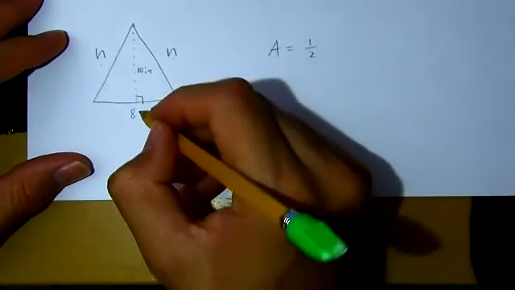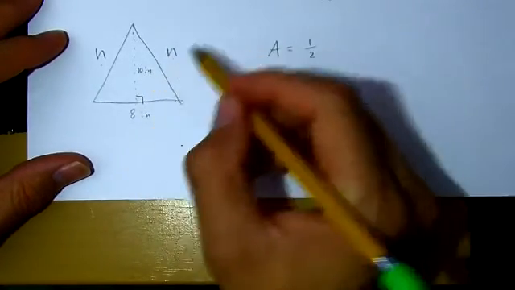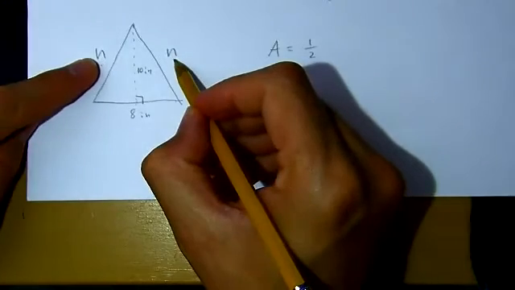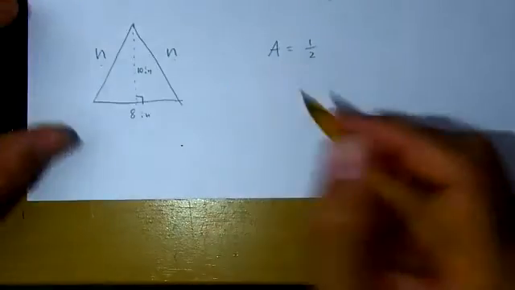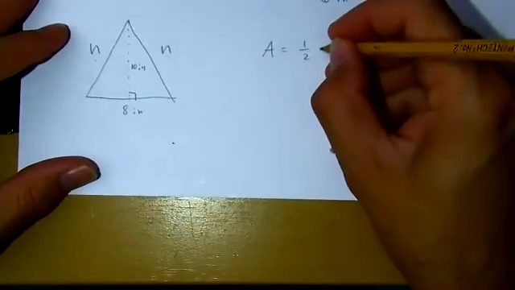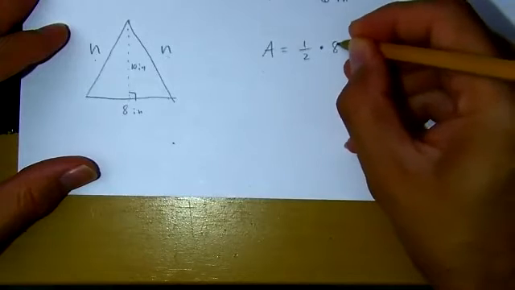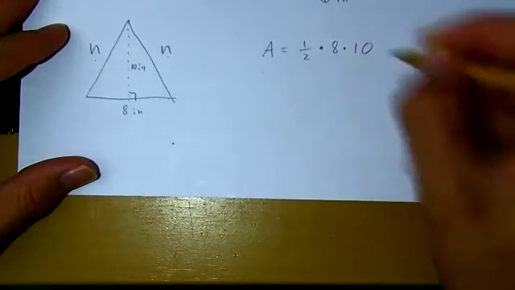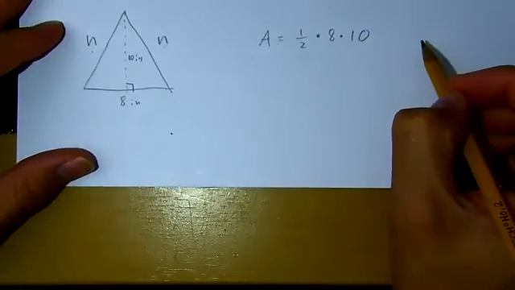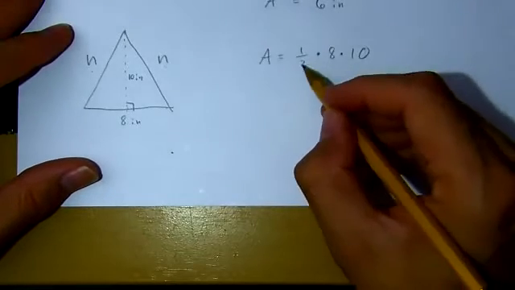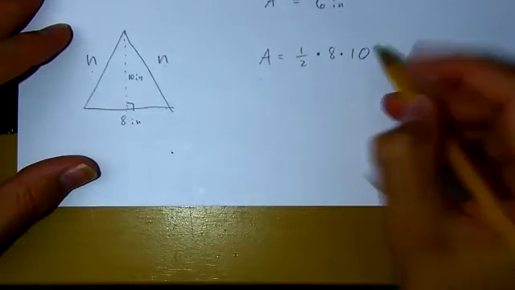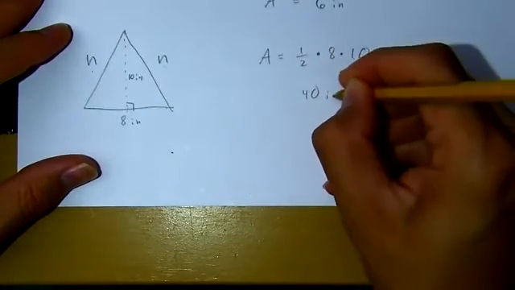You only need the base and the height for area. If you were doing perimeter, you would need those 2 numbers, but you're not doing perimeter, you're doing area. So the base is 8, the height is 10. So you can punch this on the calculator for practice, but I know that half of 8 is 4. 4 times 10 is 40 inches squared.